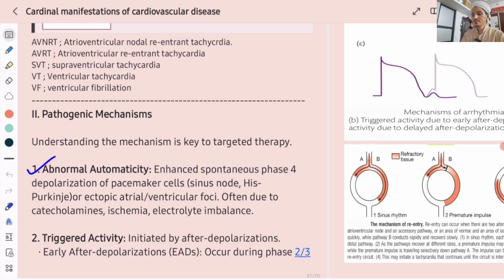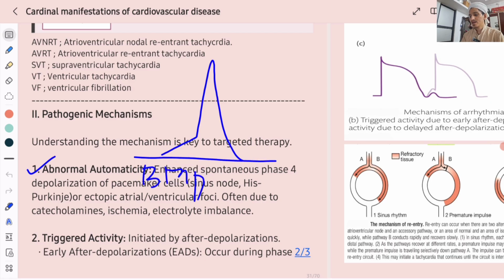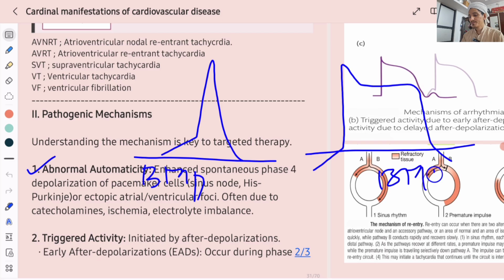Remember, this is the pacemaker potential. This is the resting membrane potential. This is the cardiac action potential. So usually this is phase 0, phase 1, phase 2, phase 3, and this is phase 4.